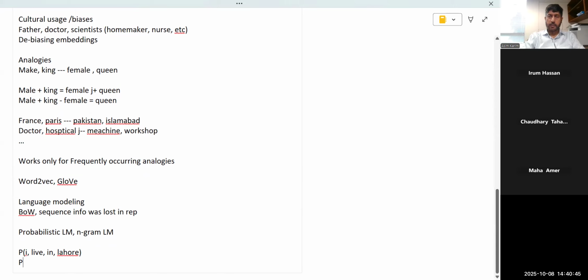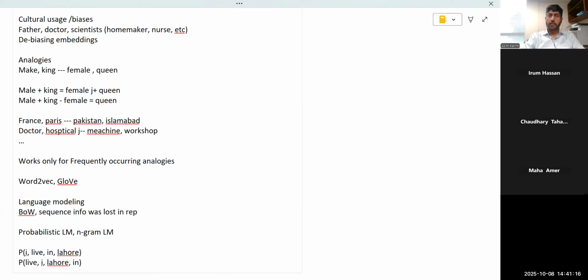And let's say I have another sentence, live I Lahore in. So based on our intuition, which probability would be higher? Both of them are sequences. Will the first one's probability be higher or the second one's?